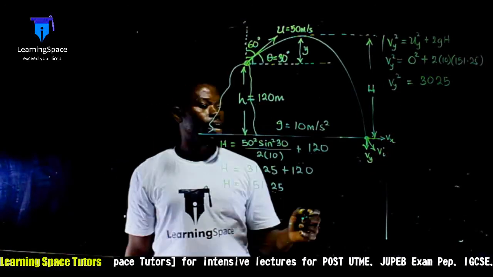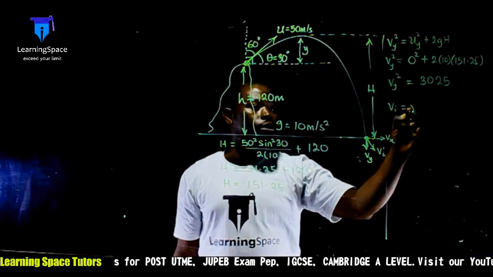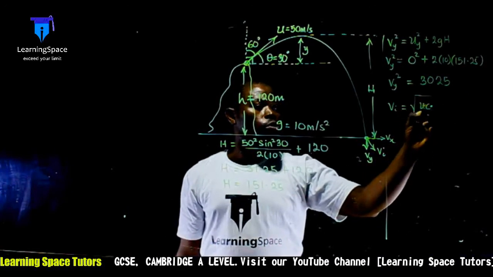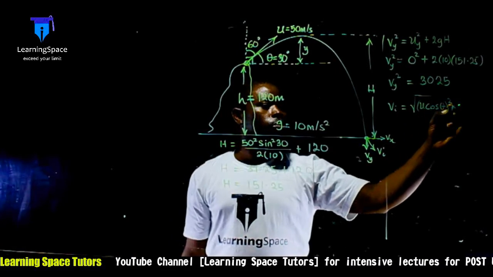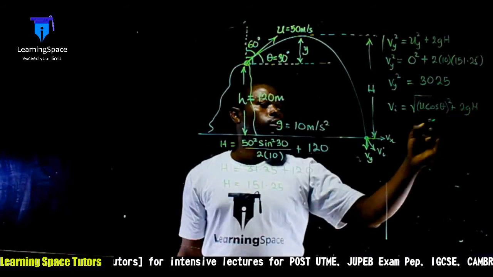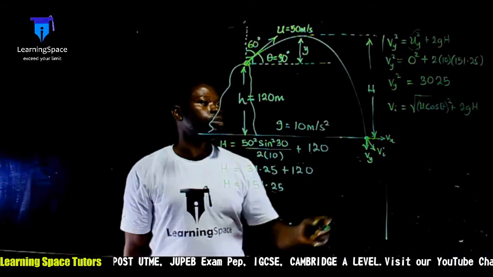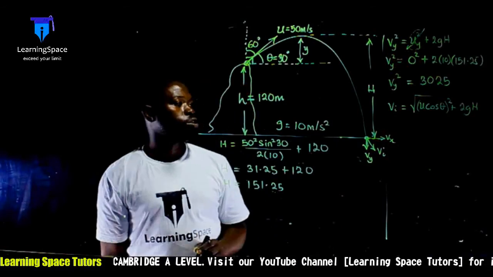Now we can substitute this in the formula for velocity at impact, which is Vx squared, that is (u cos theta) squared, plus Vy squared. Since Uy is 0, it goes off, so our Vy squared is basically 2gh.